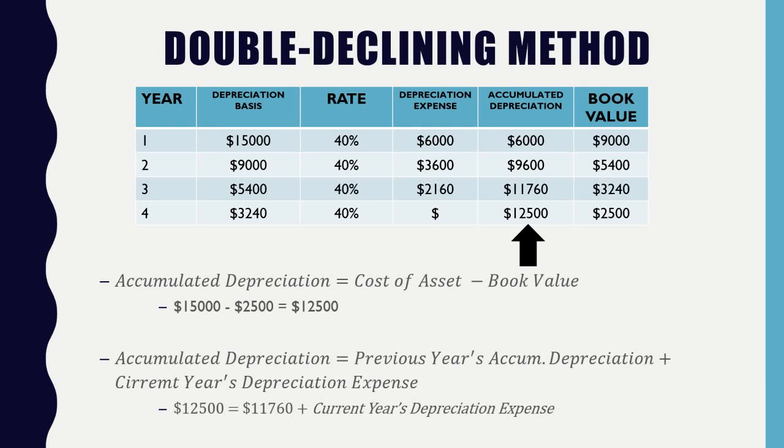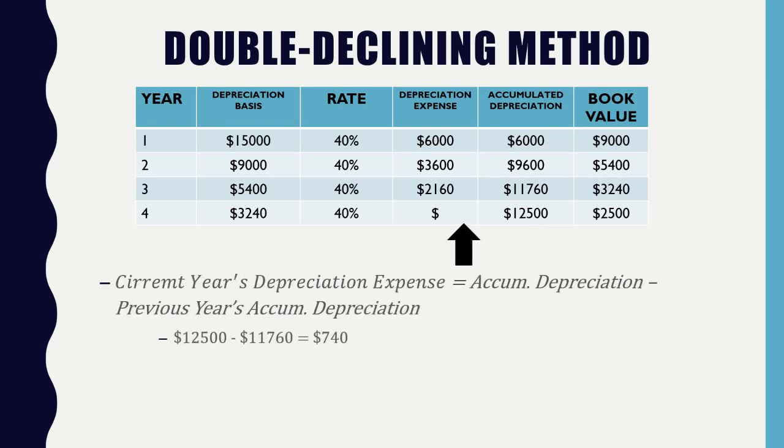So if I have 12,500 is equal to 11,760 plus X, solve backwards, right? How do you get to 12,500? If you have 11,760, you can subtract the two numbers, and you're going to solve that.